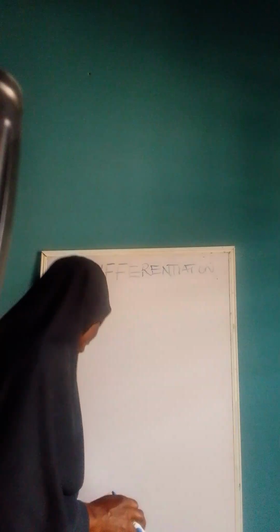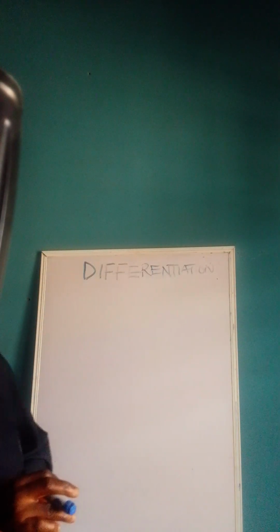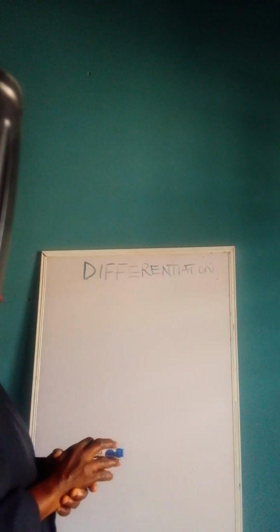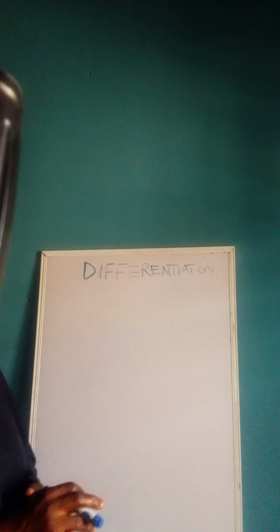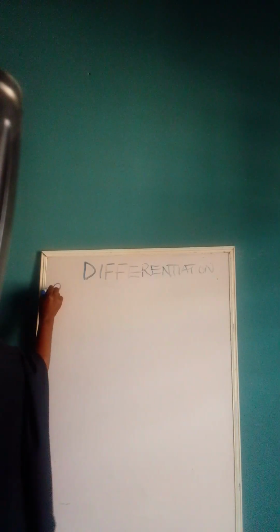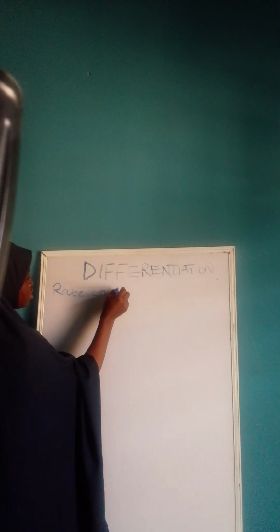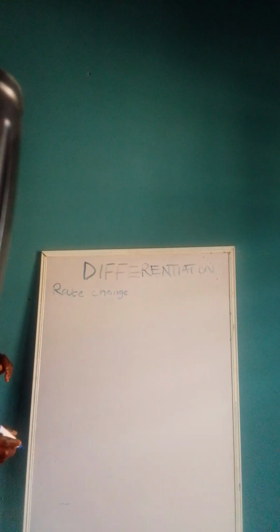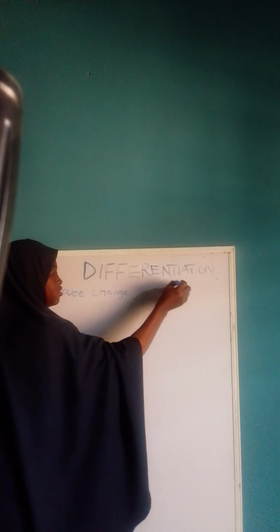So, let's start. What is differentiation? Differentiation is the rate of change of one quantity over the other. For instance, let's take the rate of change of the speed with time.